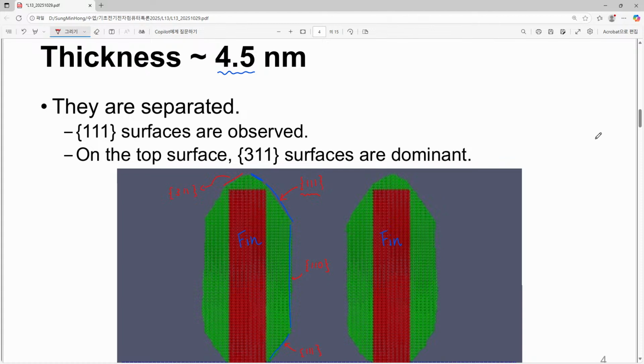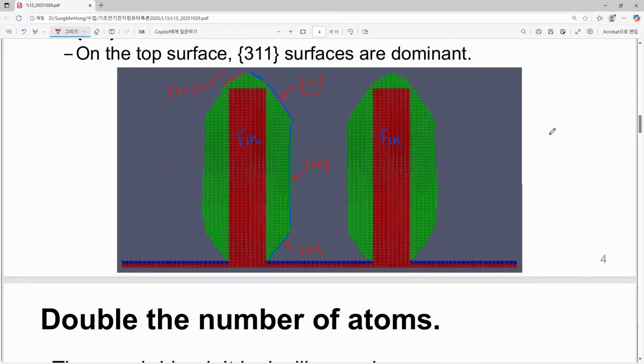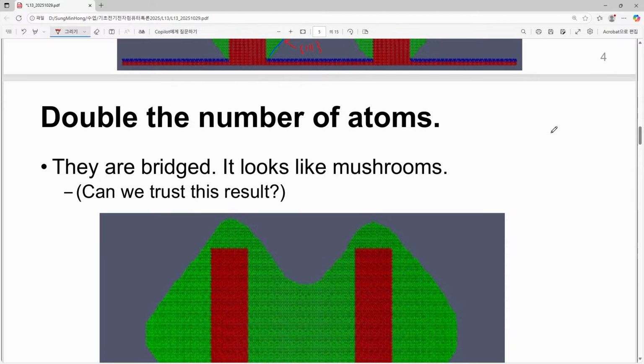The next question is what happens if we keep this procedure going further and further. Let me just double the number of atoms.